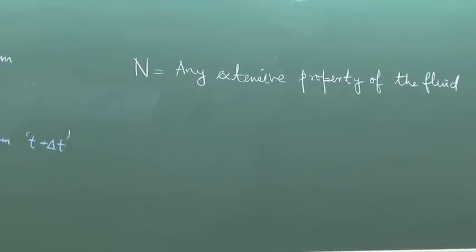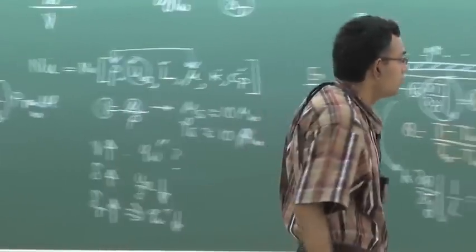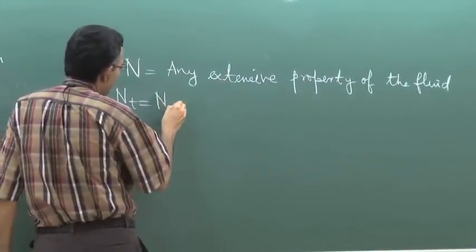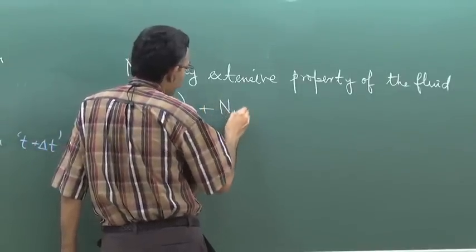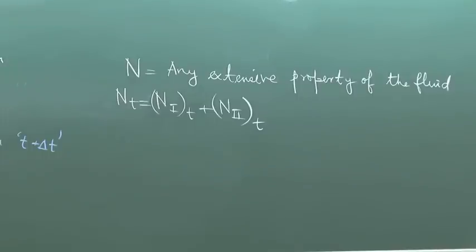Extensive property means a property which depends on the extent of the fluid or mass of the fluid. So N at time t is equal to N1 at time t plus N2 at time t, because at time t the system is 1 plus 2.